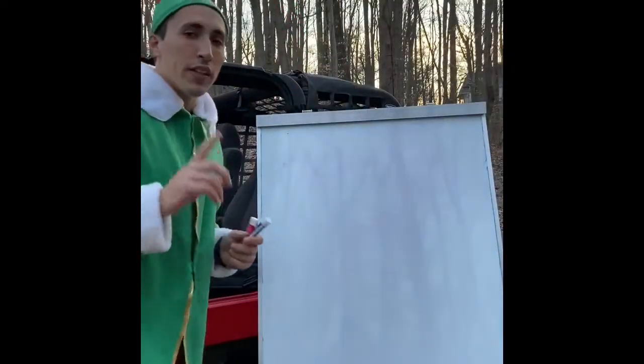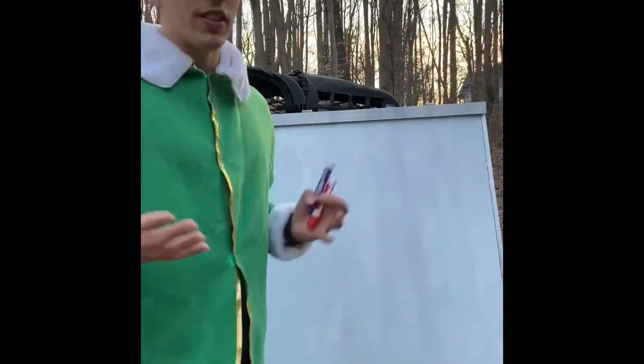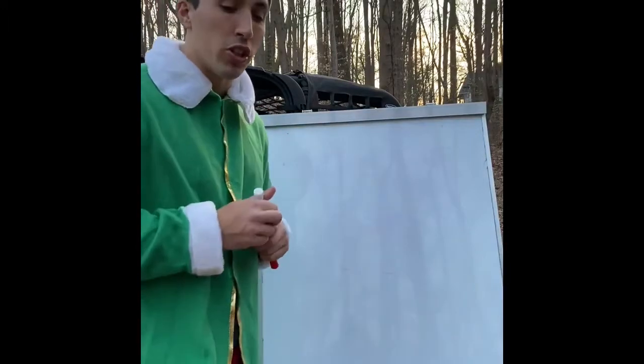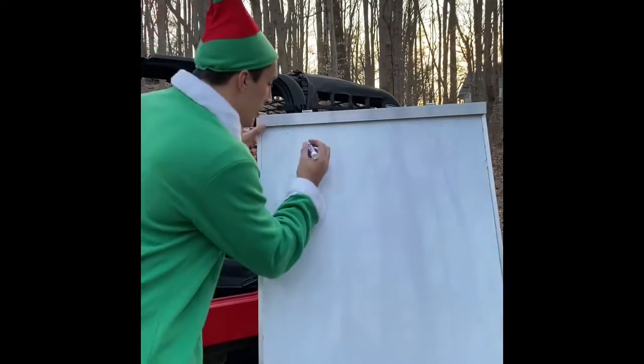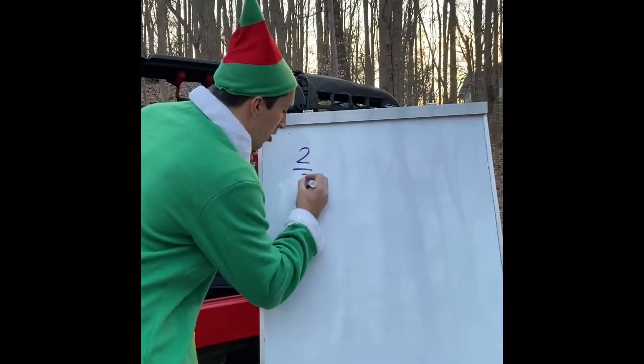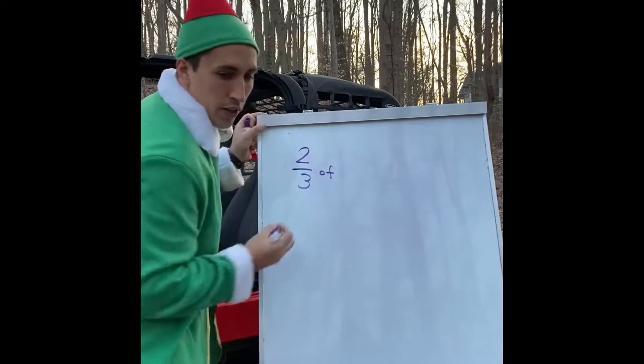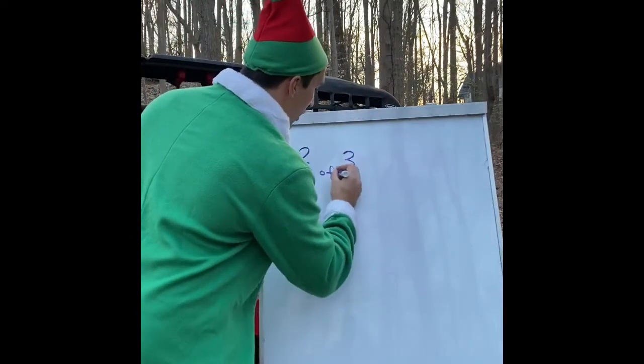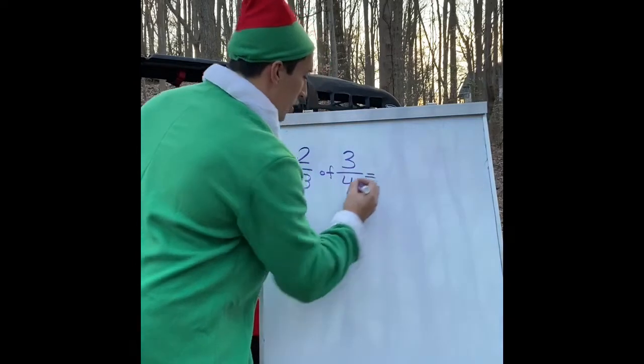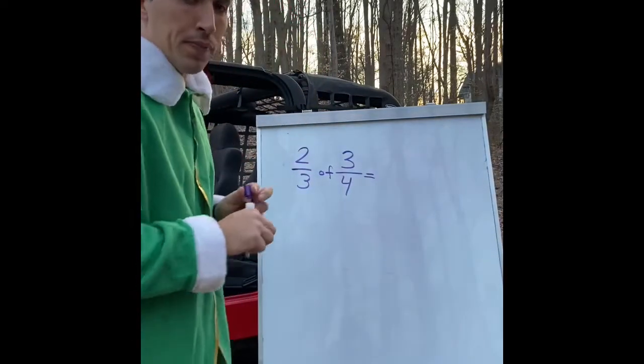All right, so I demonstrated one for you. We did one together. Now I'm going to have you do a couple on your own. The first one is 2/3 of 3/4. Go ahead and try that one.